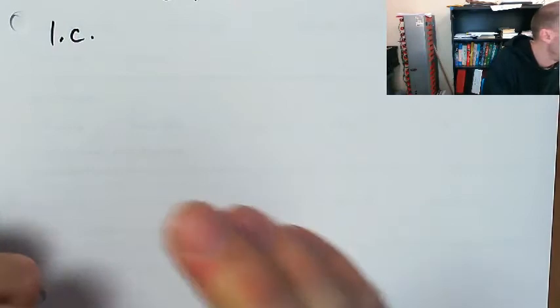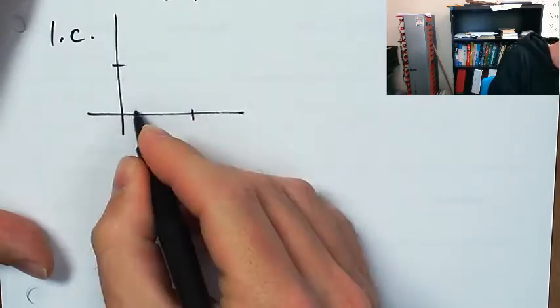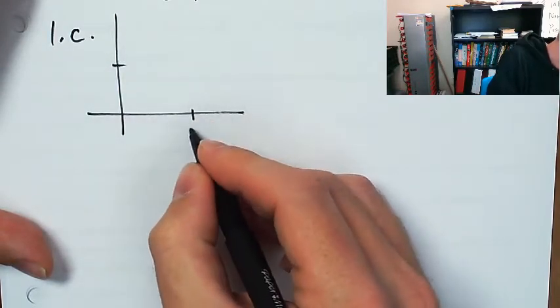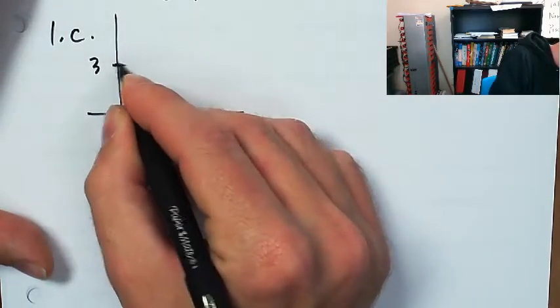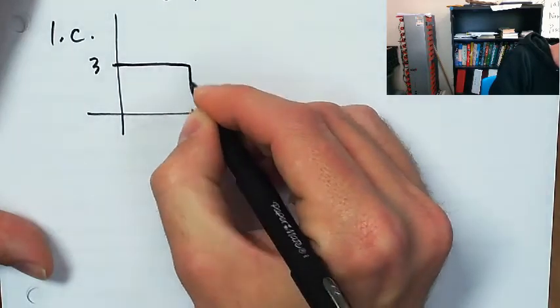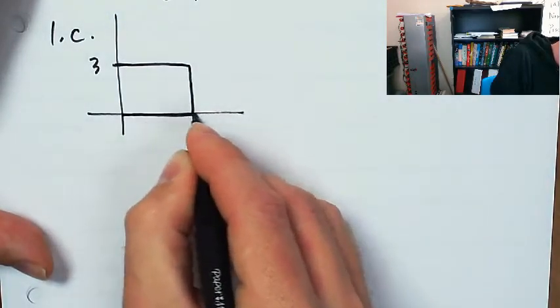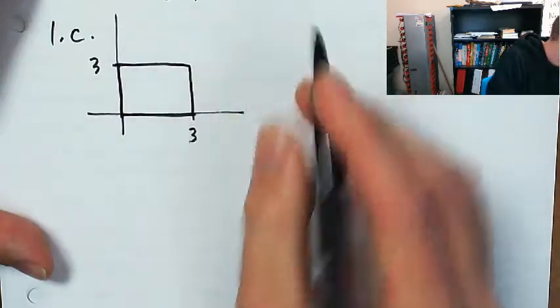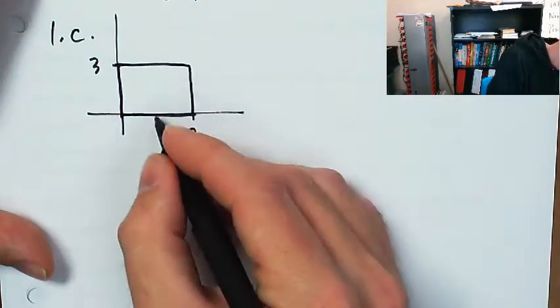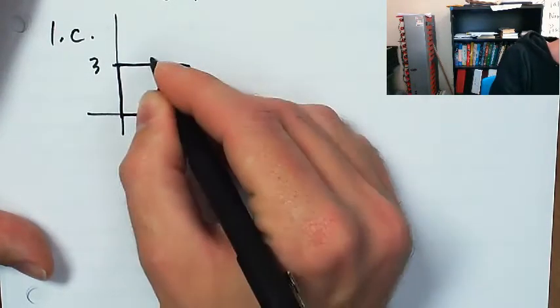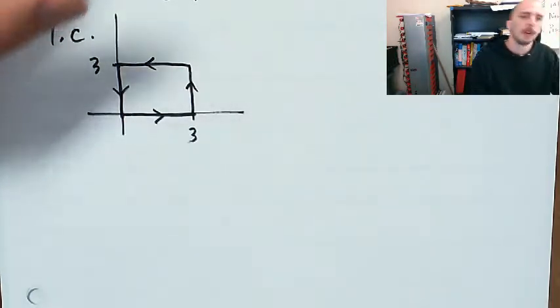One c is going to be, all right, it's a square. So it's going to be 3 here and 3 there. It's got this orientation here.